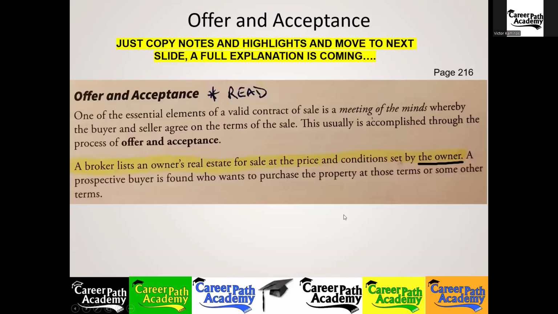So offer and acceptance. One of the essential elements of a contract is when the parties come to a meeting of the minds. They agree on all the terms of the contract. A broker lists an owner's real estate for sale at the price and conditions that are set by the owner. Who sets the prices?